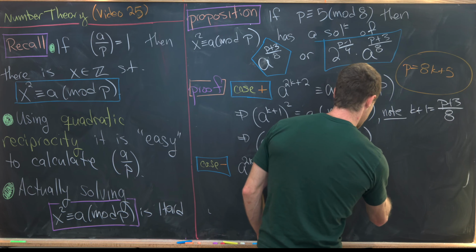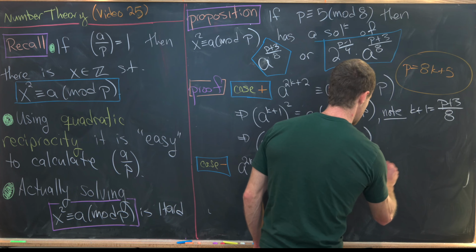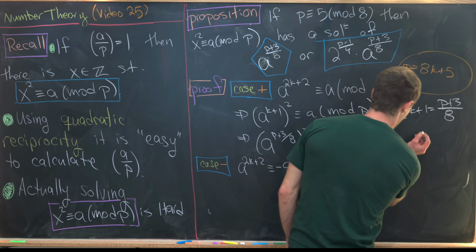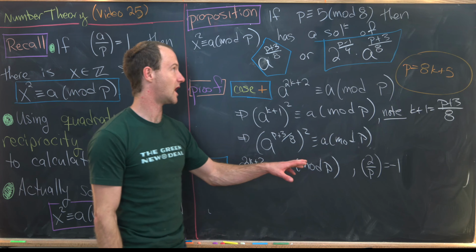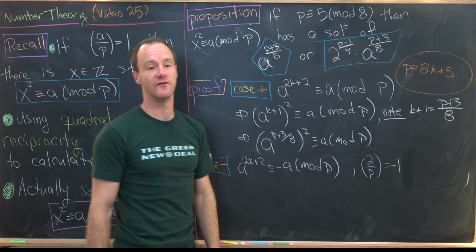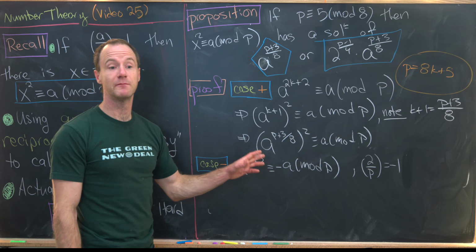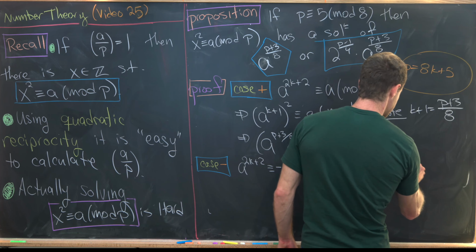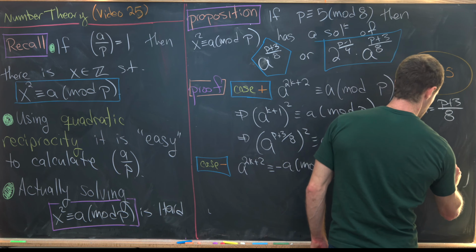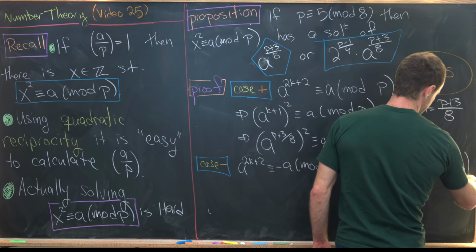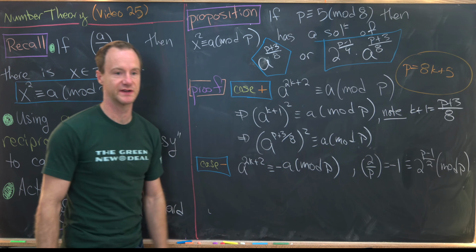So first of all, we know the Legendre symbol (2/p) is equal to negative 1. In other words, 2 is not a quadratic residue mod p if p is of this form. But then by Euler's criterion, we know that this is congruent to 2^((p-1)/2) mod p. So we're using Euler's criterion all over the place here.